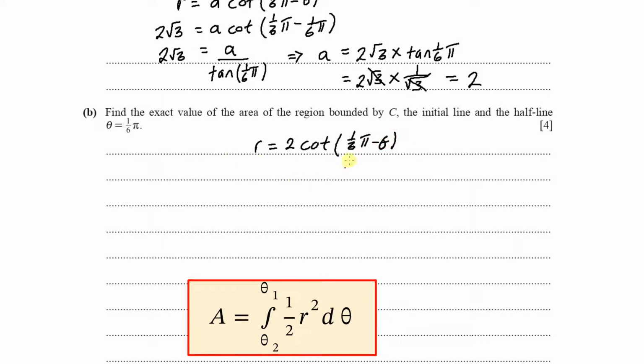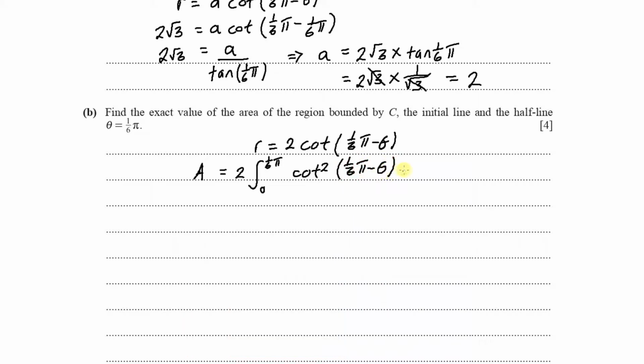Now, applying this into the formula for area, factoring out the 2, the area is equal to 2 times the integral from 0 up to π/6 of cot²(π/3 − θ) with respect to θ.